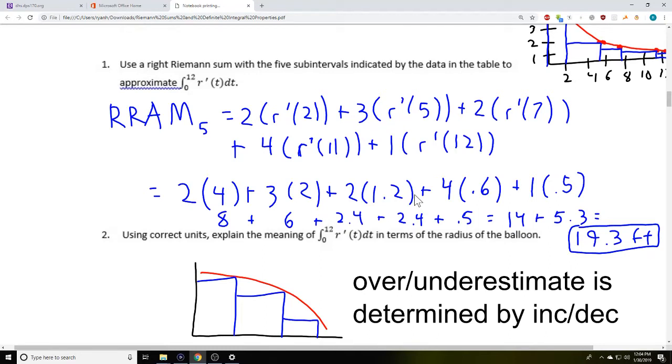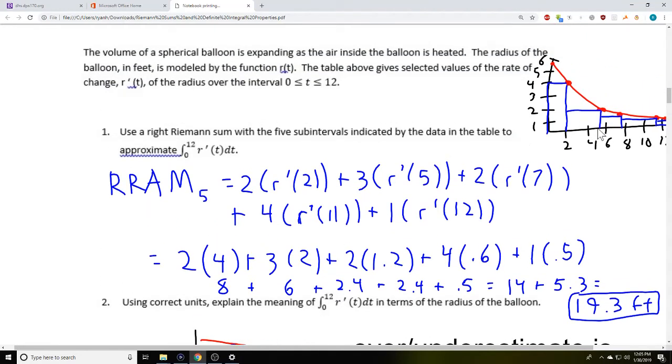And that should make sense if you think about it, right? Because if we're taking the right endpoint, if the function's decreasing, if it's getting smaller and smaller, then the values on the right are always going to be smaller than the values on the left. So if we're using the right endpoint, we're using the smaller value, and we're always going to be smaller than the actual area. So this is going to underestimate the actual area underneath the curve.